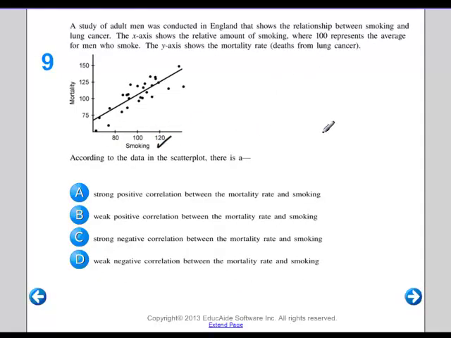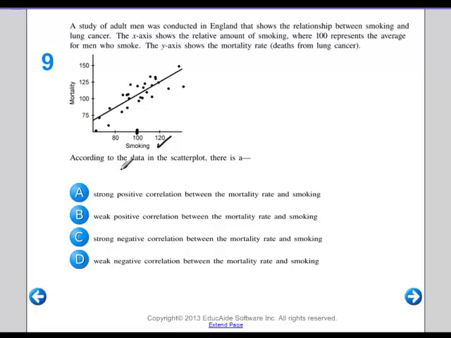Number of cigarettes, number of times they smoked, where 100 represents the average for men who smoke. So they're giving us the average amount of smoking, whatever that might be. So we have some that are smoking less than the average, some that are smoking more. The y-axis shows the mortality rate, deaths from lung cancer. And that could be in the thousands, who knows.